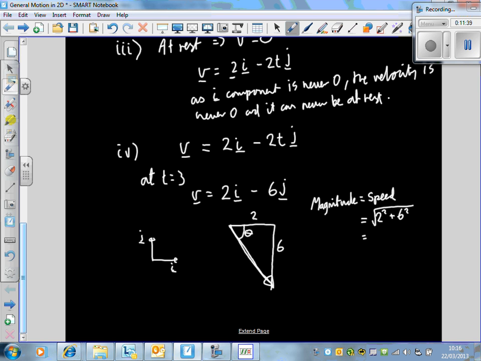Pythagoras. The square root of 2 squared plus 6 squared gives us root 40, or 2 root 10.